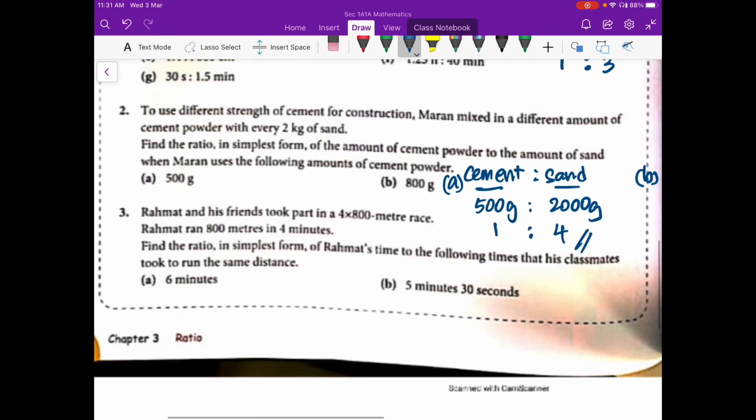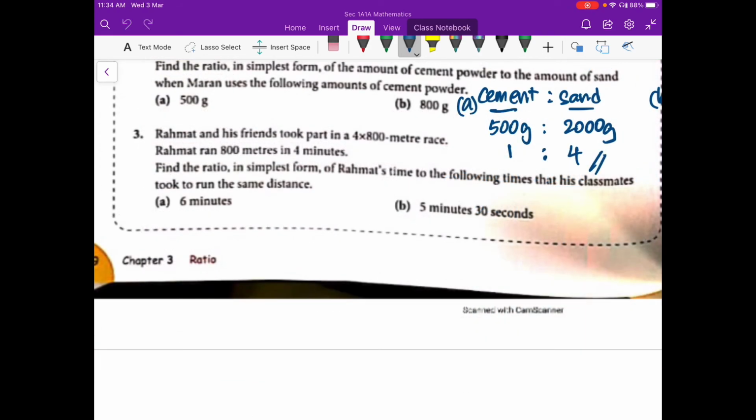Okay, now, question 3. Question 3. Yes, question 3. Okay, Ramat to classmate. Oh, classmate, yeah.